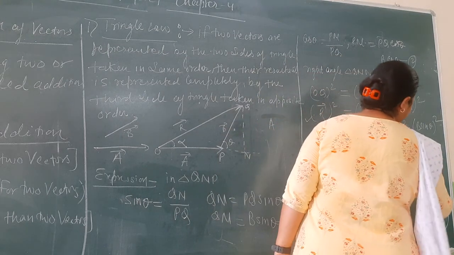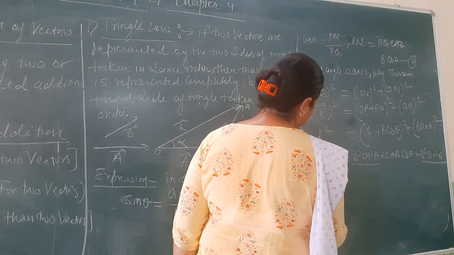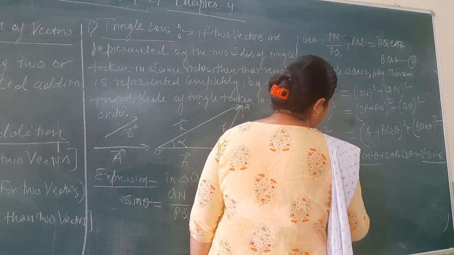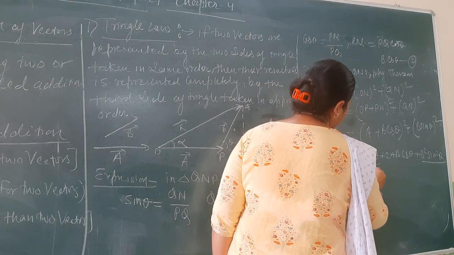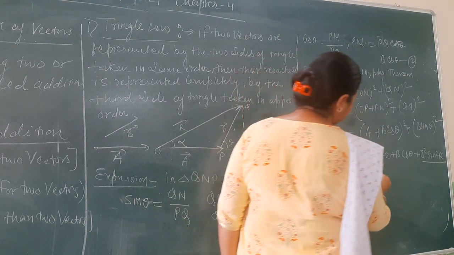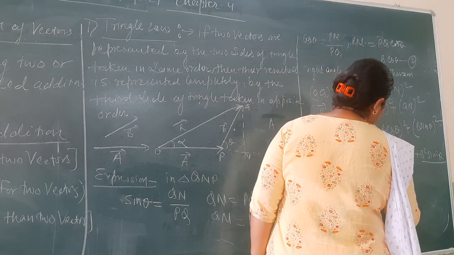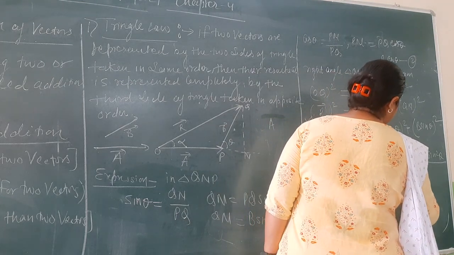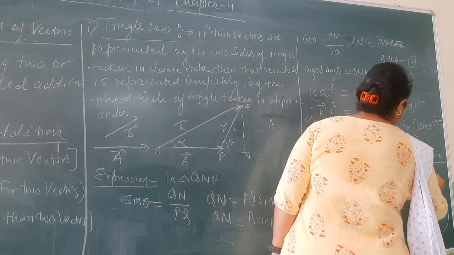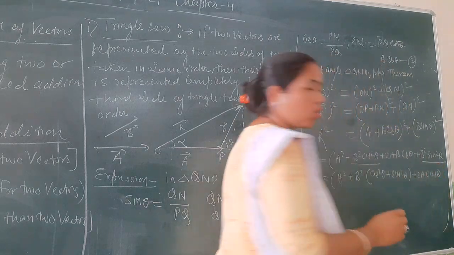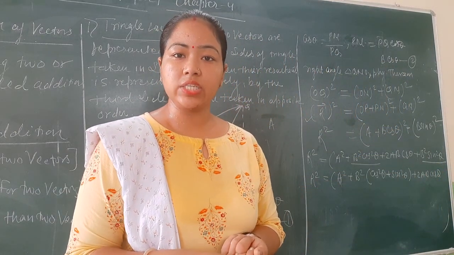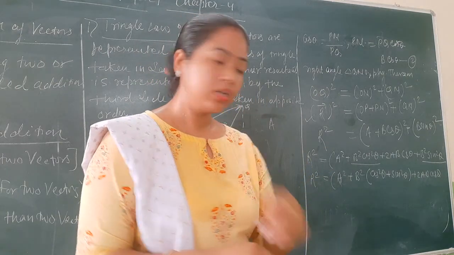Now we will combine these two terms. So R square will be equal to A square plus B square, which will be common from both terms, and this will be cos square theta plus sin square theta plus 2AB cos theta. Now cos square theta plus sin square theta will give you the value of 1.